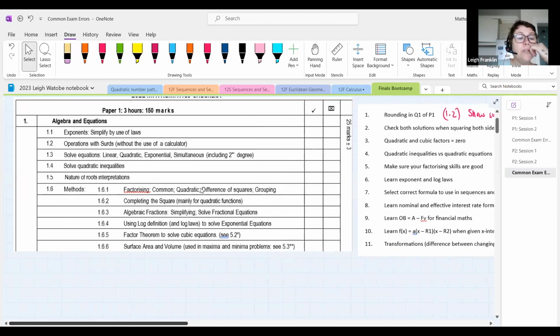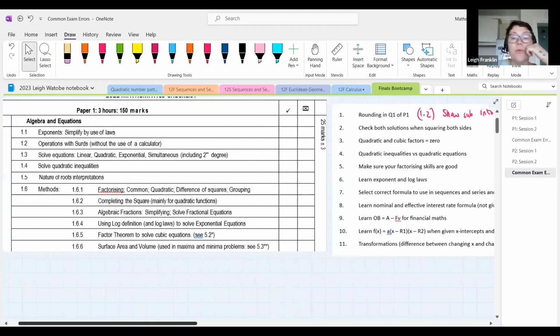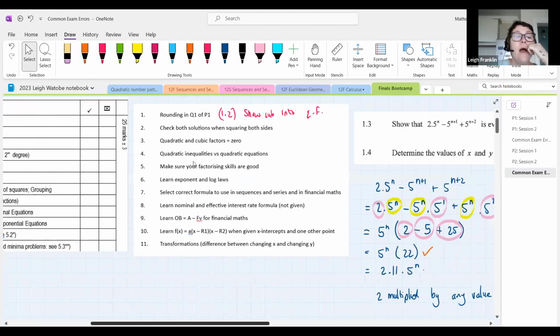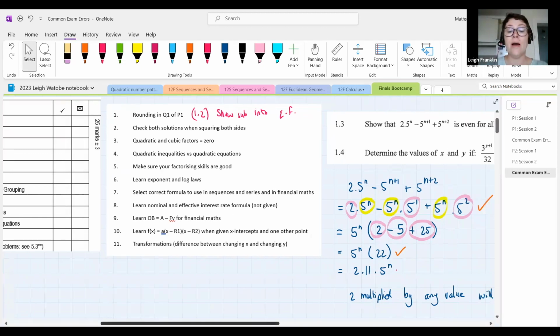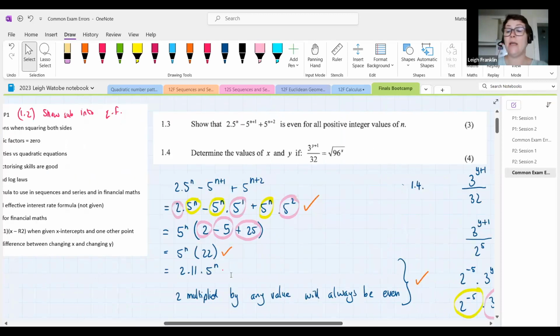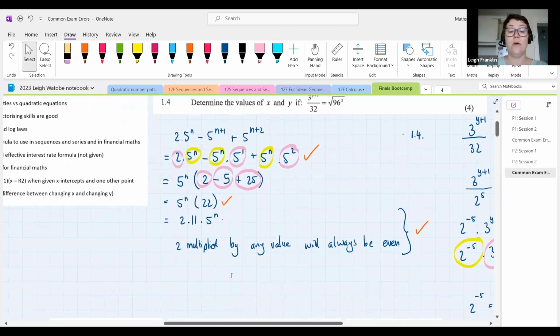So just a few other bits and pieces. Sorry, we were talking about quadratic inequalities versus quadratic equations. The other thing that you need to be careful of is your factorizing skills. We've used factorizing so much. In question 1.3 over here, we factorized by taking out a highest common factor.